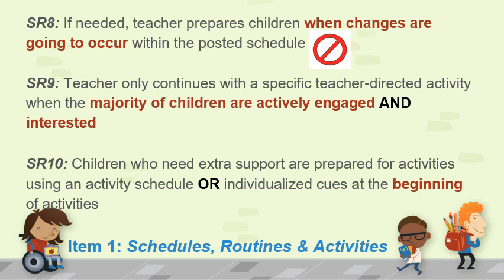You can cue the child in if they are confused, if they wander, if they have a meltdown, if they just stand still and look around but don't do anything, or if they do not transition. So you're meeting them where they're at and you're trying to help them in an individual way when the activity is beginning.